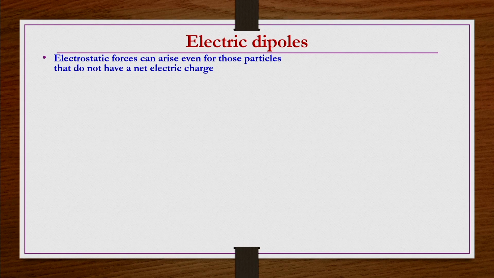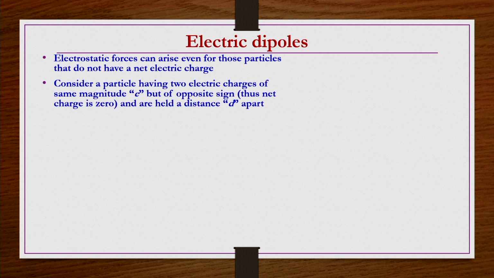So, next is the electrostatic force due to electric dipoles. Even when there is no net electric charge, it is possible that electrostatic forces may exist. How does that happen?